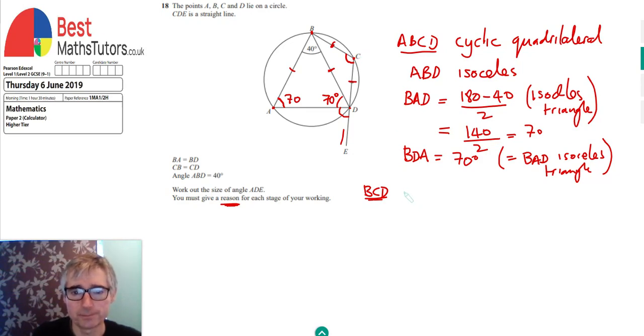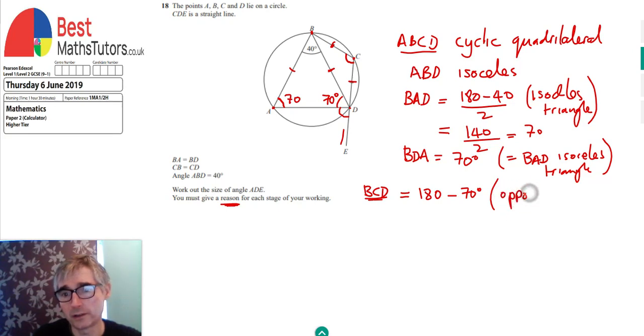So what I can say is BCD is equal to 180 minus this one, 70 degrees, and my reason would be opposite angles in a cyclic quadrilateral.